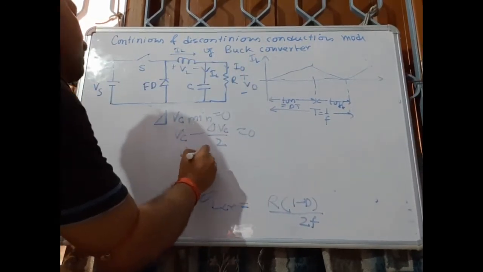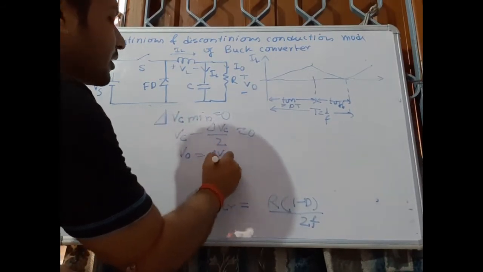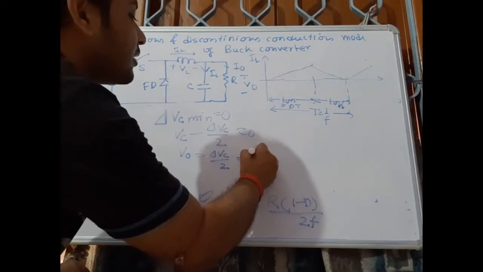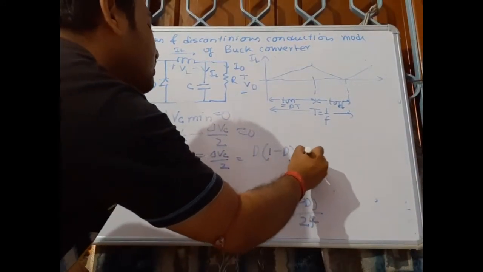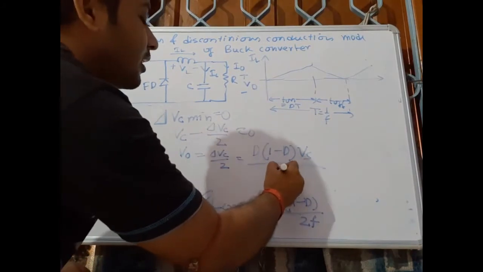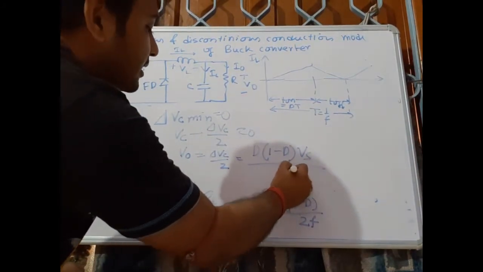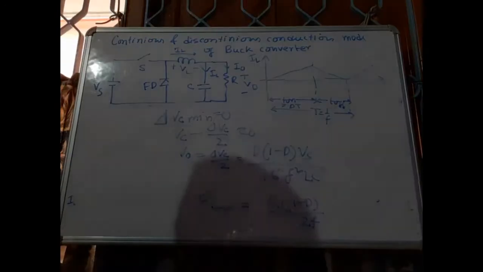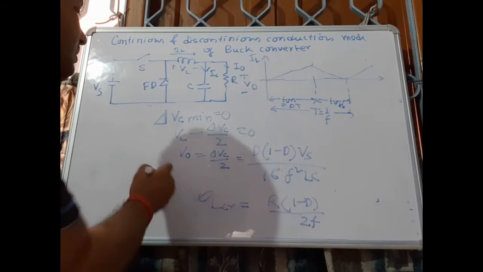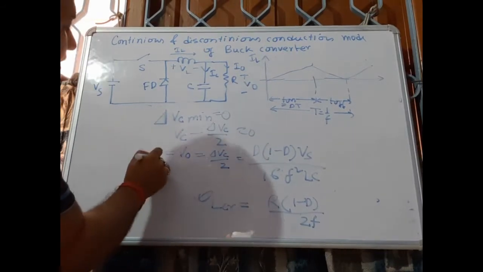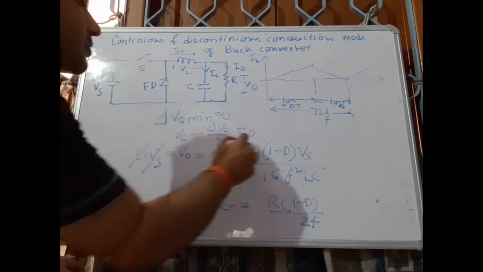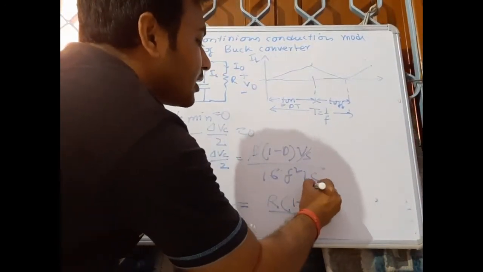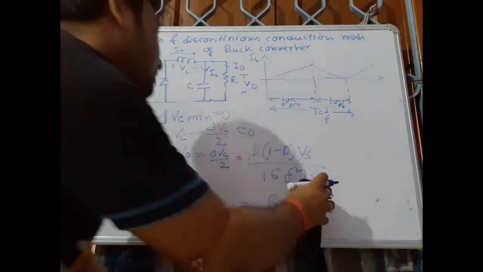V naught is equal to delta Vc divided by 2, and if I put the value of delta Vc, we have D into 1 minus D into Vs divided by 8 F square LC into 2, means 16. Now this V naught is actually dVs, so we can cancel this too, and we have CR as well, and we have LCR at the same time.